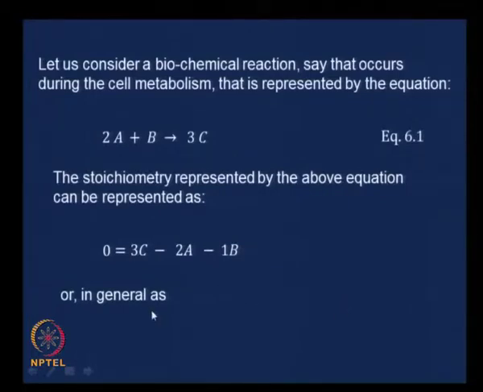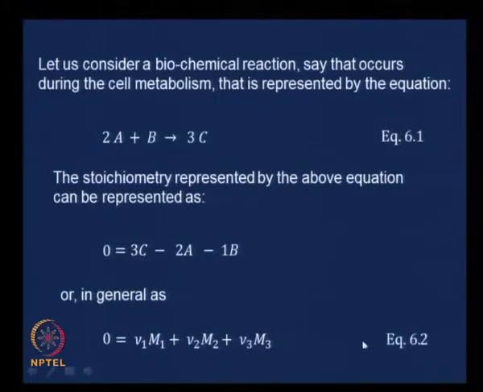Or in general I could represent the reaction as 0 equals mu1 m1 plus mu2 m2 plus mu3 m3. In a minute I will tell you what the mu's and m's are.